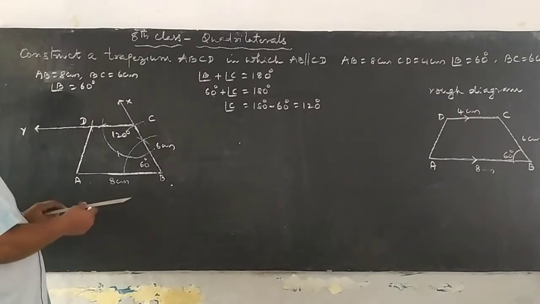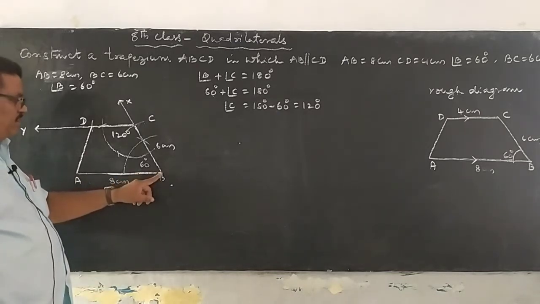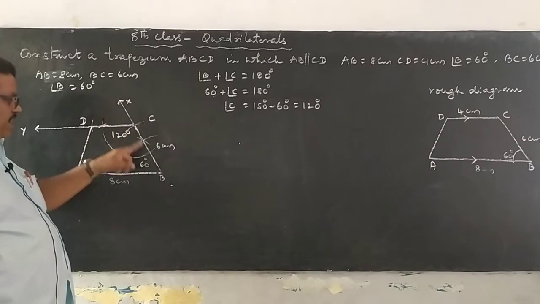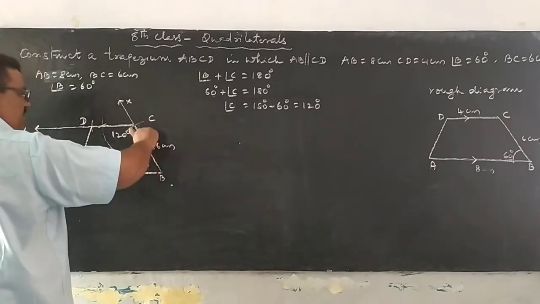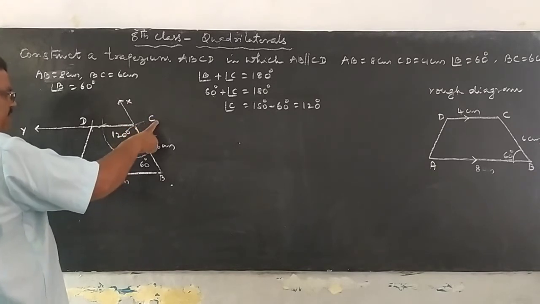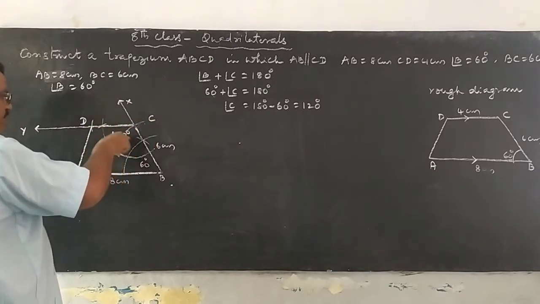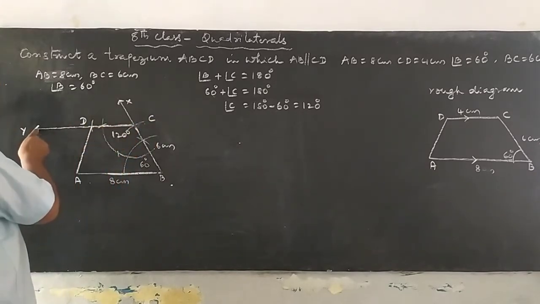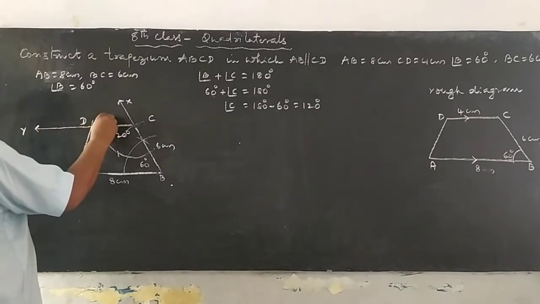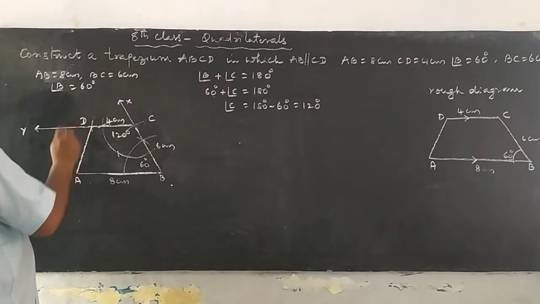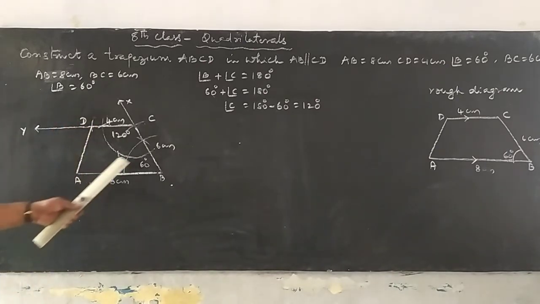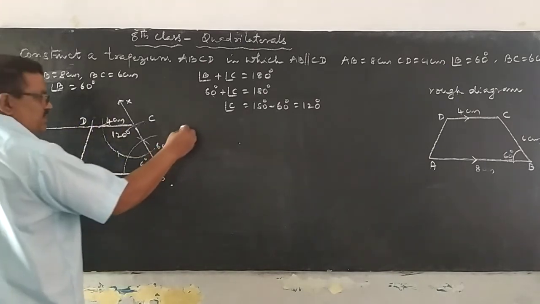Afterwards, first take AB as the base, draw a ray BX making an angle 60 degrees. From B with 6 centimeters radius cut the arc, the intersecting point is named C. At C we need to make 120 degrees, draw a ray CY. From C with 4 centimeters radius cut this ray at D. Join AD. ABCD is the required trapezium.